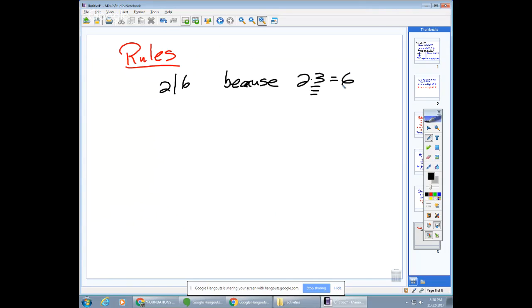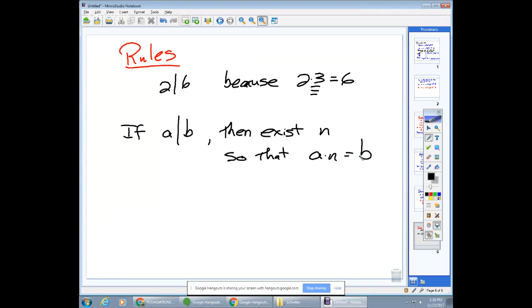So in general, if we have some number A and it divides some other number B, then there has to be, so there exists, some number n so that A times n equals B. Right?